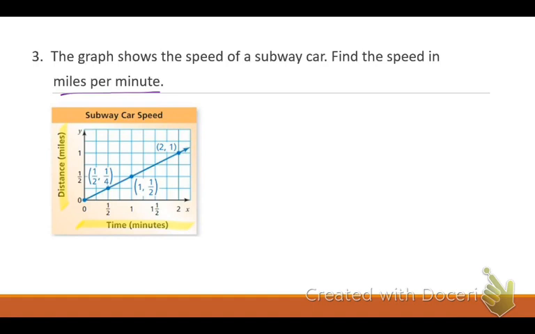So I'm going to use my formula, y equals kx. In this problem, y stands for distance in miles. X stands for time in minutes. But notice what the problem asked me: per minute. That's the unit rate that I'm looking for.